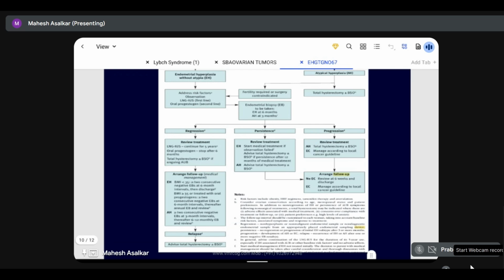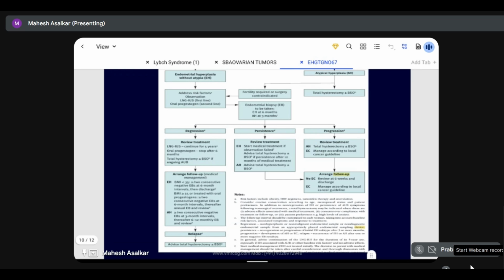If she had been on the medical management and the endometrial hyperplasia is persisting more than 12 months, then we will go for hysterectomy. Is it clear? Yes, sir. Not on treatment, then we will put her on progestogen. If she was on progestogen already, then advise total hysterectomy plus minus BSO. And if persistence after 12 months of medical treatment, we will go ahead with the TH plus minus BSO.